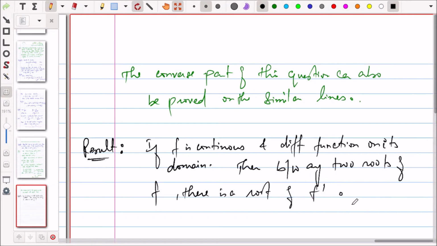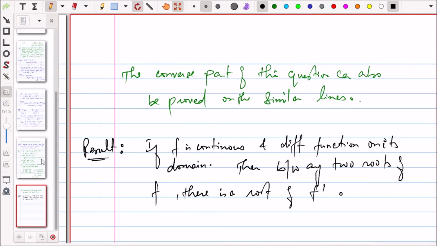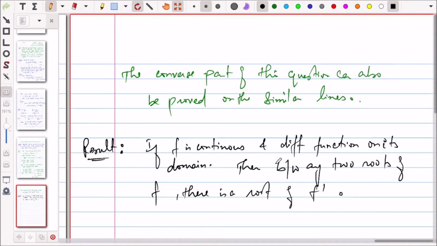Same proof आ जाएगा, क्योंकि दो roots लोगे a and b, फिर उस पे Rolle's theorem लगा दोगे, तो you will get a root of f dash which lies between the two roots of f. ठीक है? So ये main result है जो अभी हमने use करा है, that this is the main idea कि अगर कोई भी function है तो उसका derivative root उसके दो roots के बीच में आएगा. ठीक है? Is it fine?